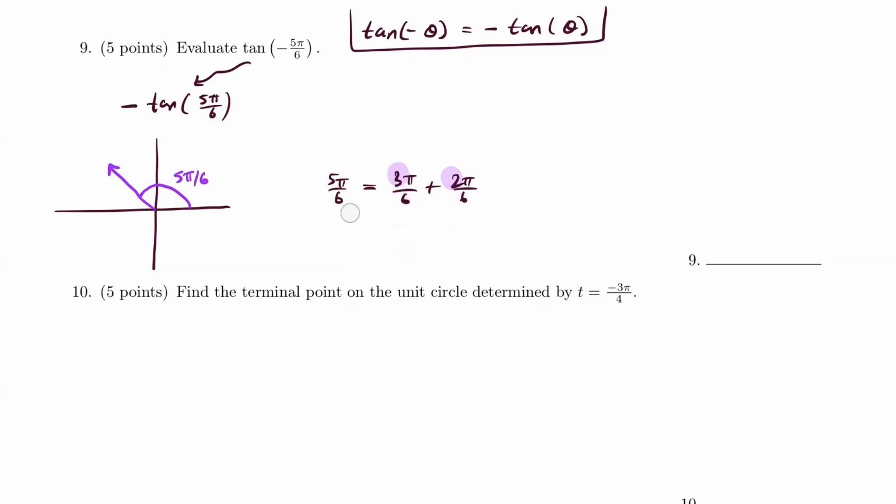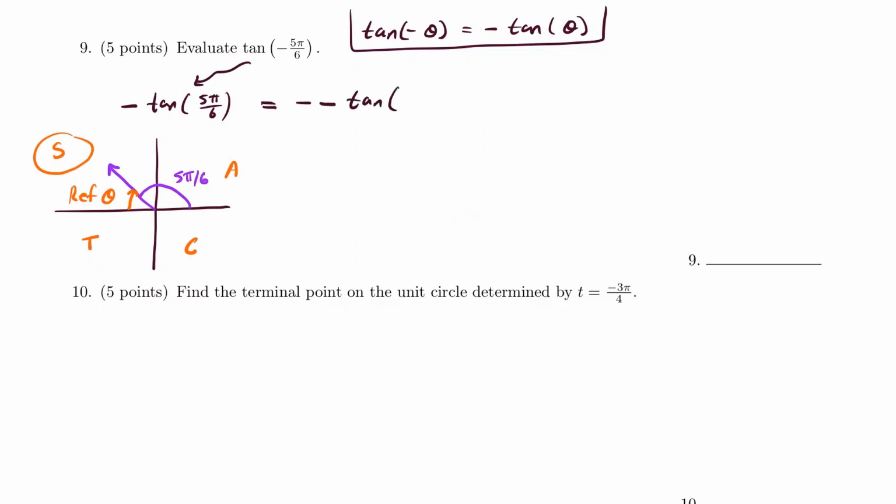All right, so now we need to figure out its reference angle. The reference angle for this angle will be this right here. Let me call it reference theta. Now we should also remember that tangent in the second quadrant is negative. From the acronym ASTC, only sine and its reciprocal are positive. Any other trig functions are negative. So you'll see the negative will cancel out, leaving tangent of its reference angle.